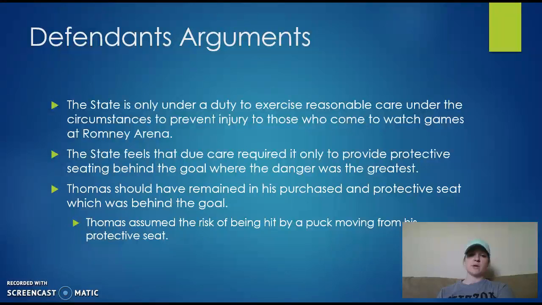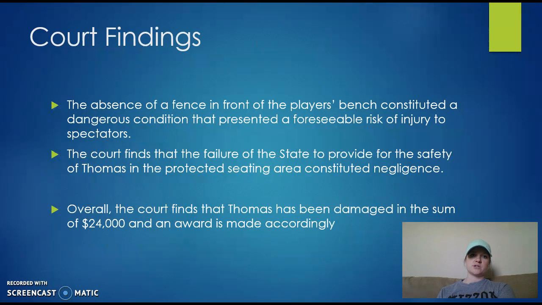Thomas should have remained in his purchased and protective seat, which was behind the goal. They argued that Thomas assumed the risk of being hit by a puck when he moved from his original seat near the south goal to the bleacher seating by the players' benches.